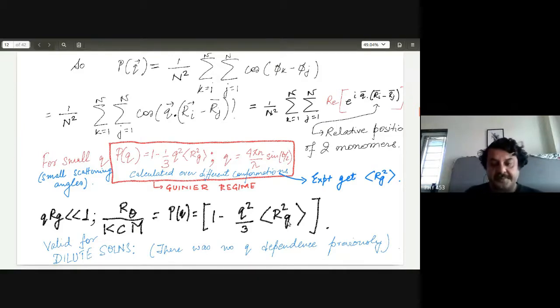This is valid only for dilute solution, and this form is written for an ideal chain. Then you measure this experimentally, and if for small q it has this behavior with q, by fitting you can get the value of Rg squared.